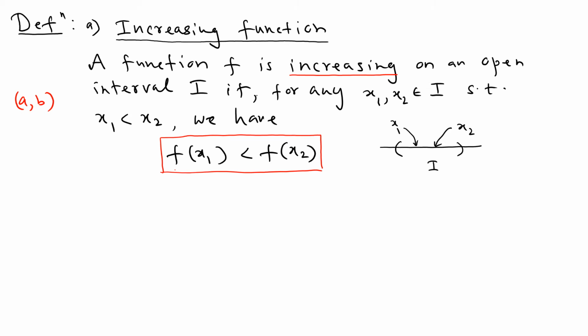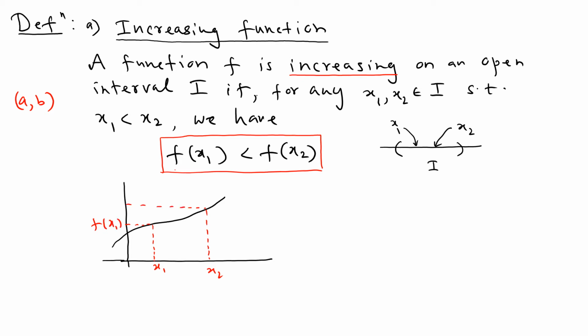So we can see that in a graph very easily. So let's look at the graph. So this is a function, and this is the x1 value. This is the x2 value, and then you can look at the corresponding function value f(x1), and this is the other function value f(x2).